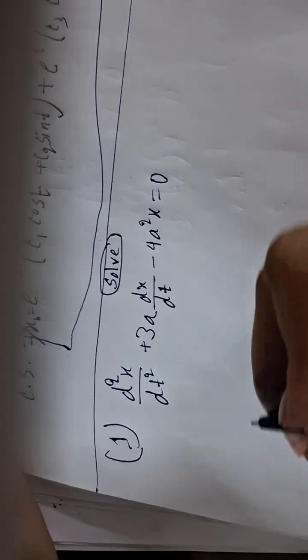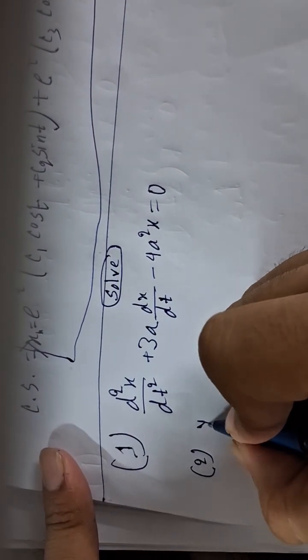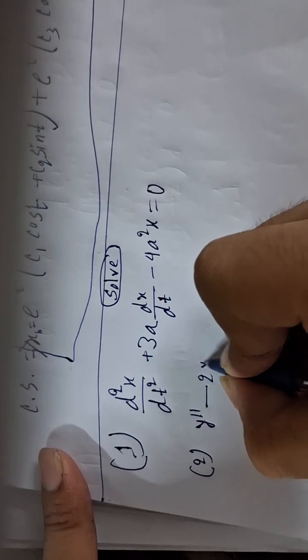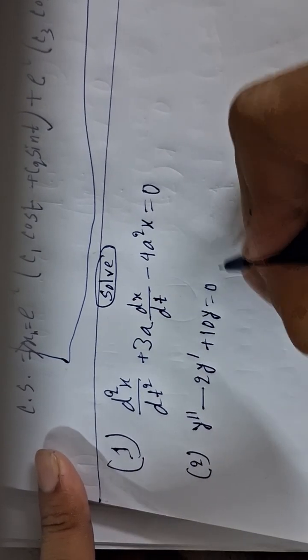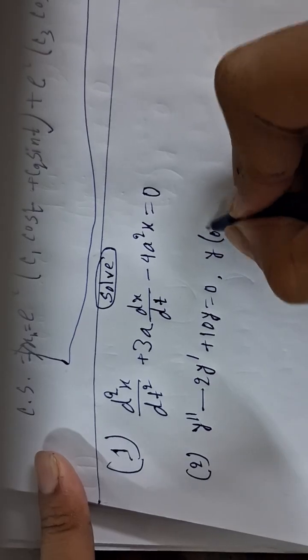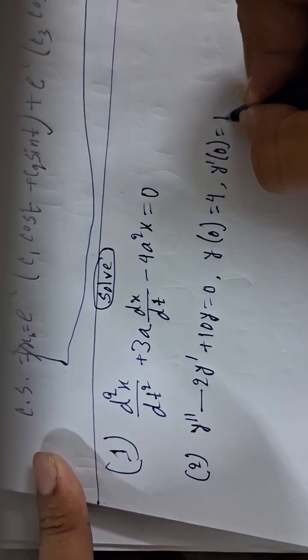Question number 2. y double dashed minus 2y dashed plus 10y equals 0, where y(0) is 4, y dash (0) is 1.